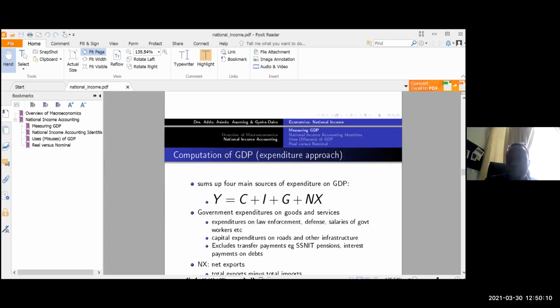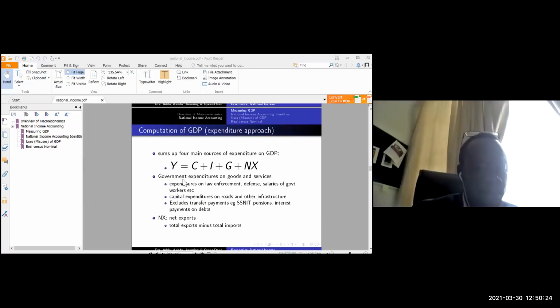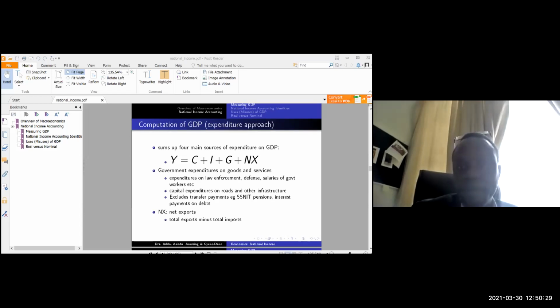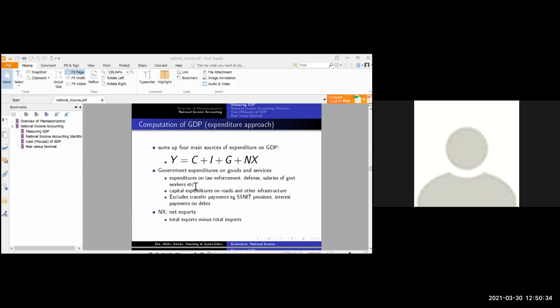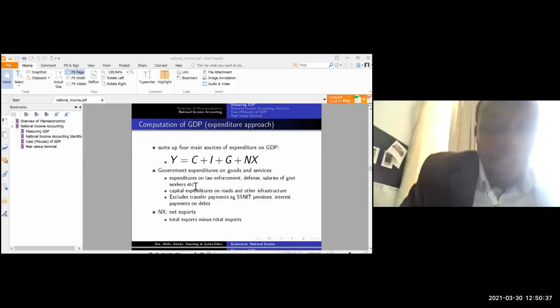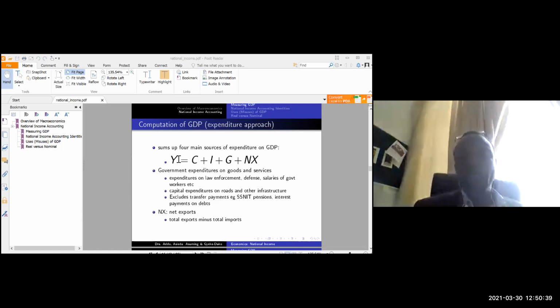Let me just step back to the computation of GDP, and then we can continue from there. Okay. So we said that this equation is very important, the expenditure approach. Government expenditure on goods and services, we said Y equals consumption, investment, government spending, net exports.